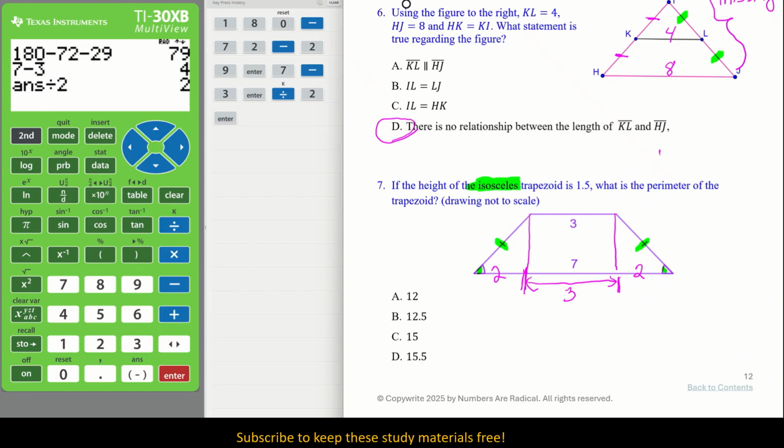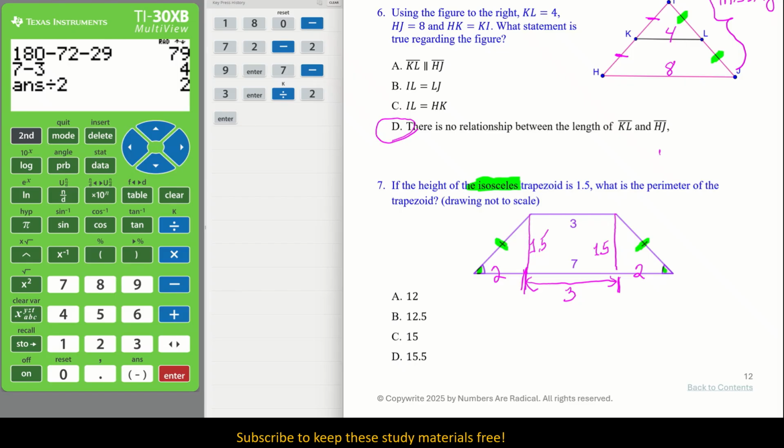So that gives me 2 congruent triangles to figure some things out with, okay? And we know this height is what? 1.5. And that means I know this is 1.5. So where I have the marked green tick marks or hash marks of congruency, I can find that hypotenuse.